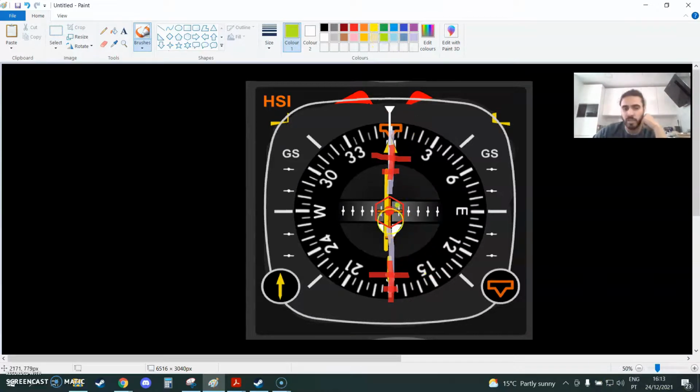The to and from needle tells you that the VOR is behind you. So this guy here has the VOR in front of him, so it cannot be this guy. We cannot be here because the VOR is behind us, right?